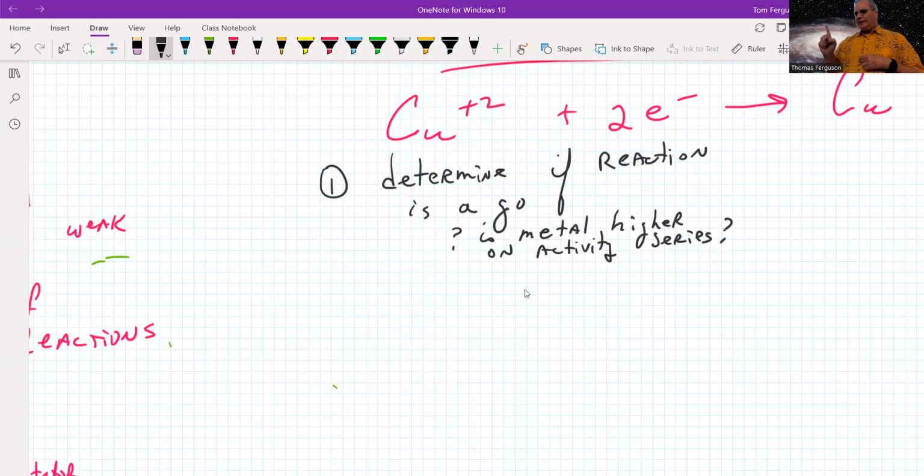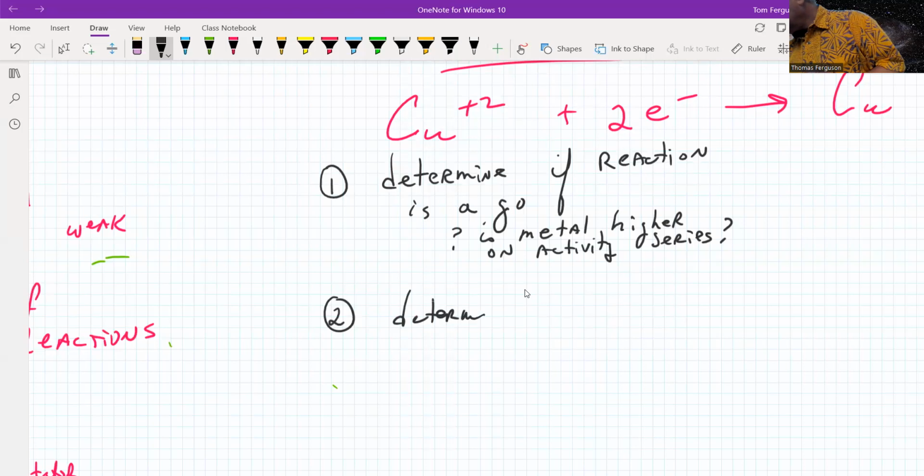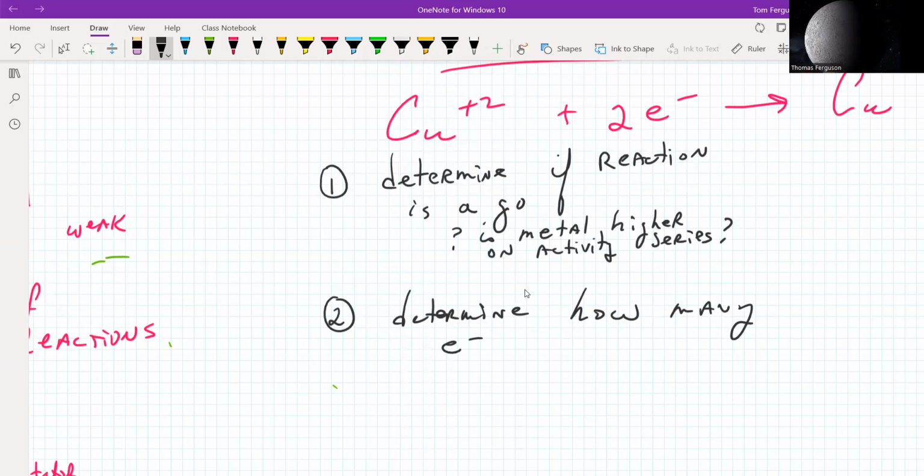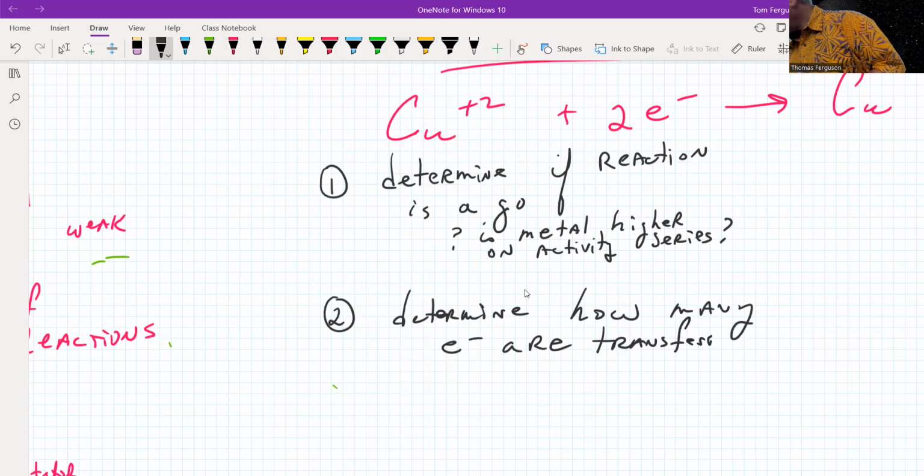And number one, determine if a reaction is a go or is it a no reaction. Okay, so the question is the metal higher on the activity series? If it is, then it works. How many electrons are being transferred?